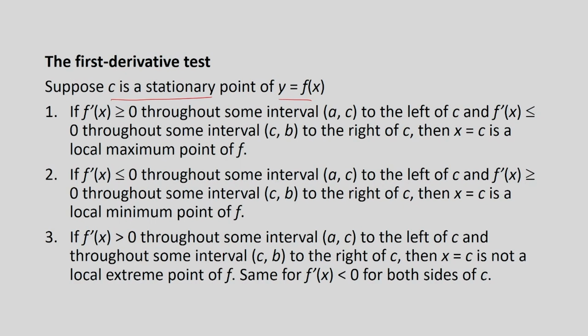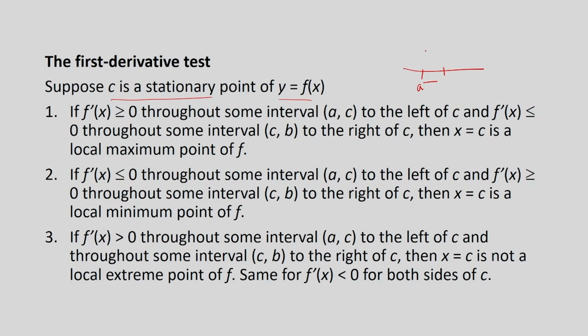Now, number 1, if f dash of x is greater than or equal to 0 throughout some interval a to c, a to c means what? So, you have c here and you have a here. So, in this interval f dash of x is greater than or equal to 0.